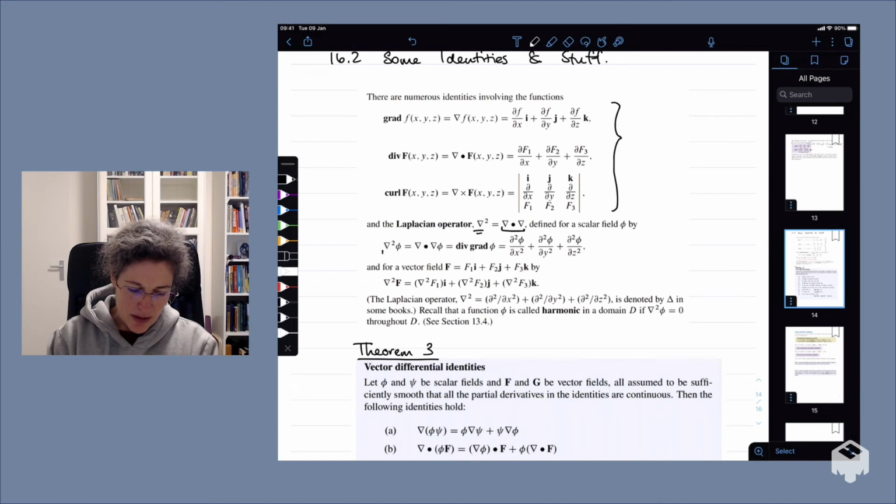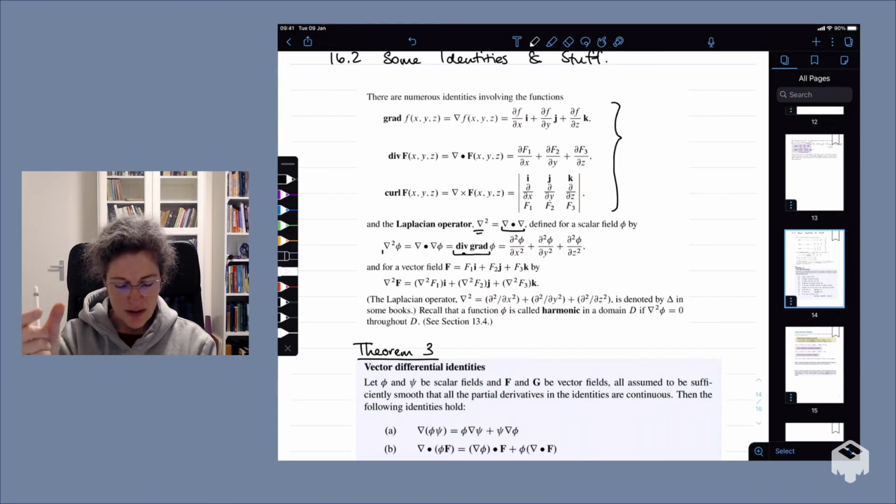And we call it del squared. It's also thought of as div grad of phi, and here you can see it gives second derivatives. So when you're talking with a scalar field, this Laplacian is really a way of talking about the second derivatives.